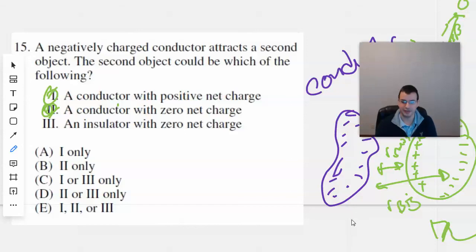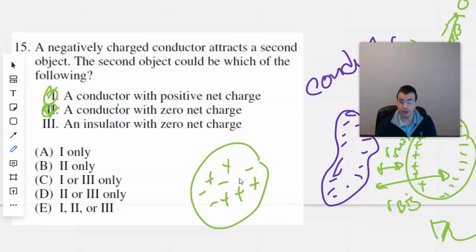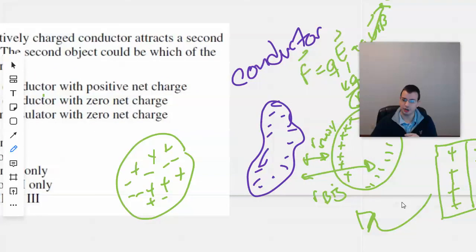So if you have a homogeneous insulator, where positive and negatives are all mixed together, then you wouldn't feel any sort of attraction, because the negatives and positives all offset each other. There is no guarantee that an insulator would be homogeneous and the same all over.